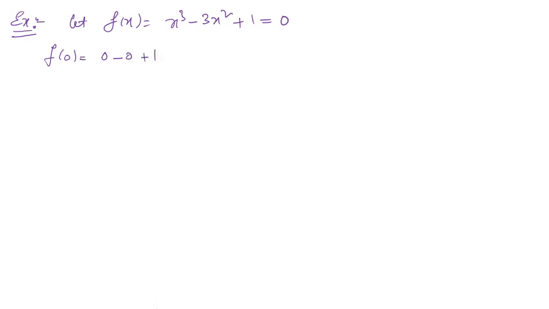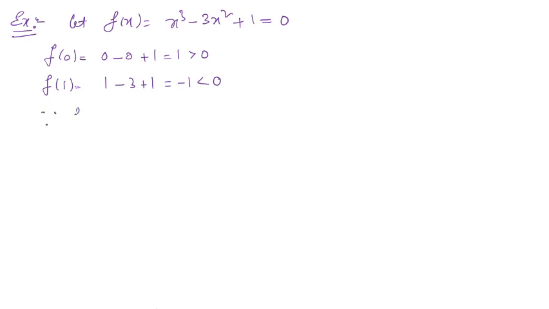Now let me explain this intermediate mean value theorem through an example. Let f of x equal to x cube minus 3x square plus 1 equal to 0. You can start with any real number for the x value. If I consider 0, f of 0 is 0 minus 0 plus 1, equal to 1, positive, and f of 1 is 1 minus 3 plus 1, equal to negative 1, less than 0.